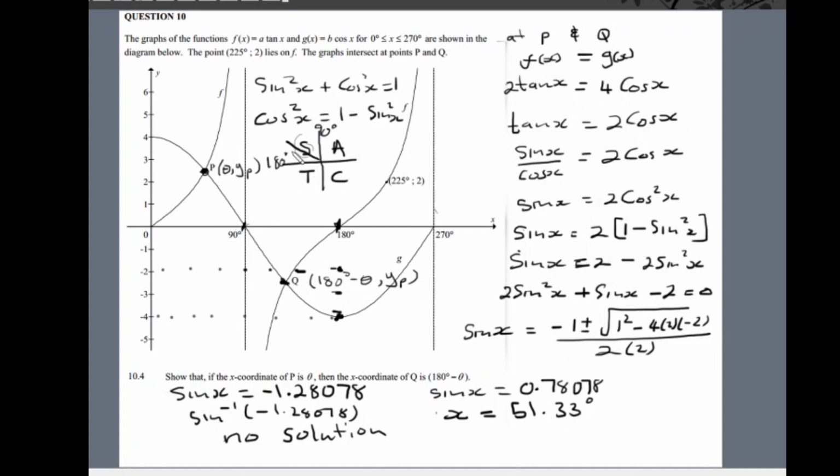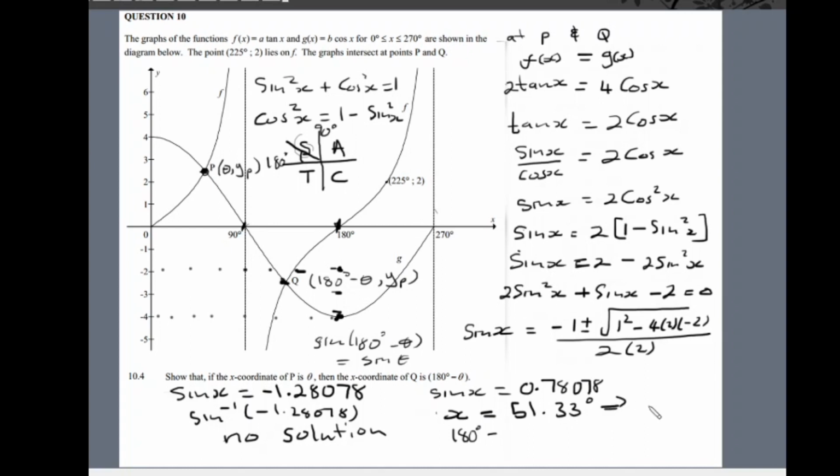Now if I say sine of 180 minus theta, I will have sine theta, right? So in this case, our second solution will be 180 degrees minus this one, and this one we'll say is the x coordinate of P.